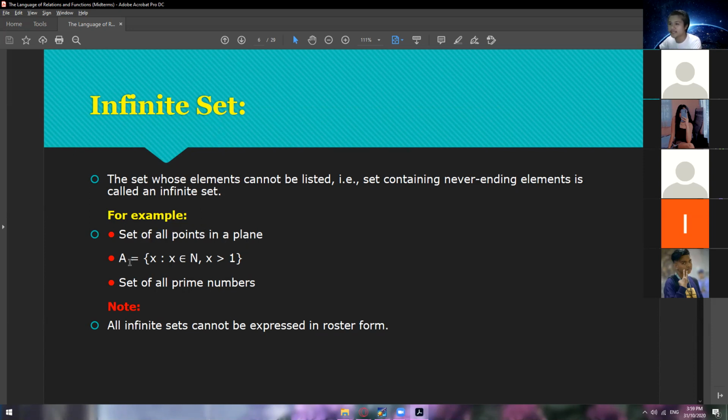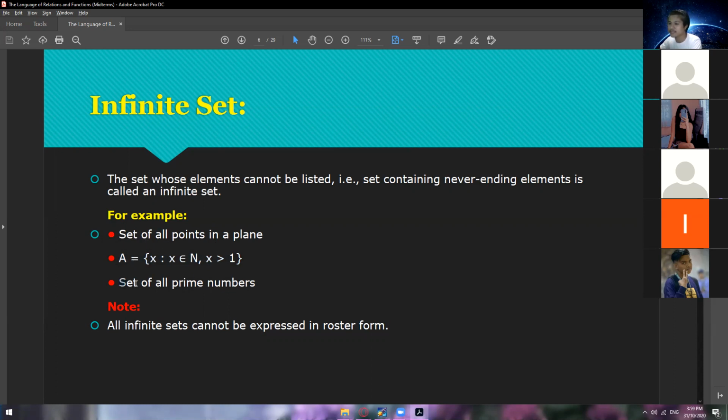Another one is set A, wherein set A contains natural number. And then it should be greater than 1. Okay? So natural numbers is 1 and then positive onwards. And then as we all know, wala namang katapusan yung positive numbers. So patuloy lang siya ng patuloy. So this one or this set is infinite.